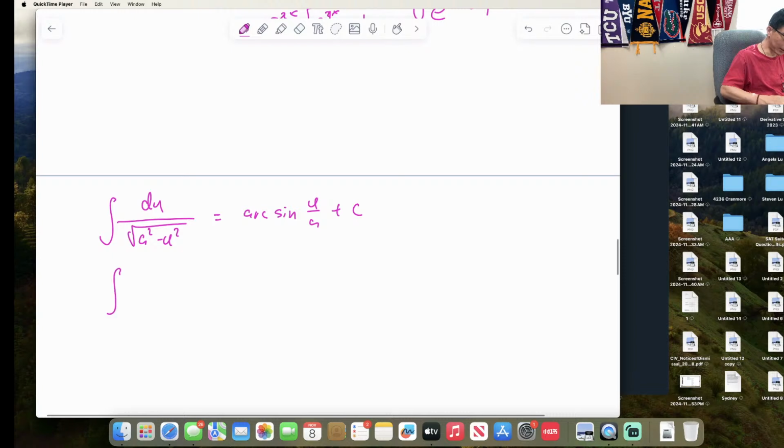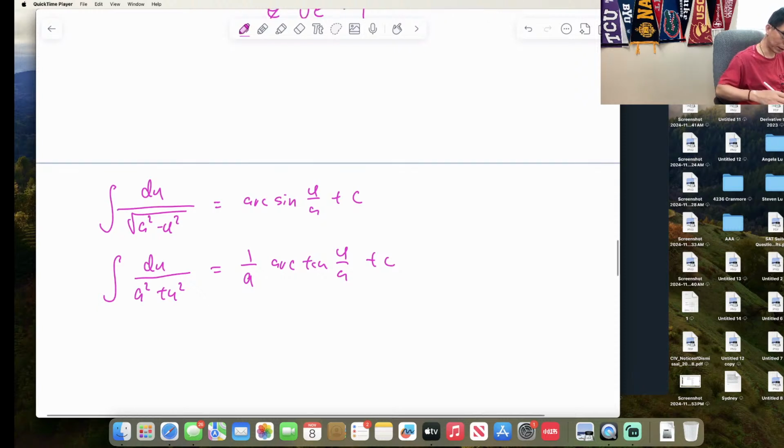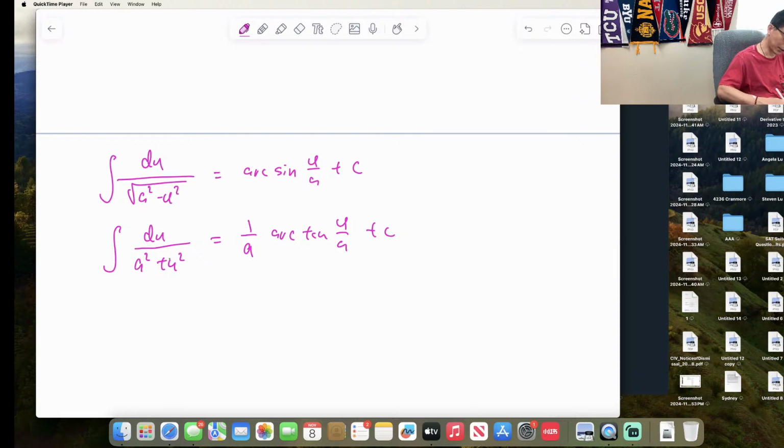The next one is going to be du over a squared plus u squared is equal to 1 over a of arc tangent of u over a plus c. The top part is u, bottom part is a, and this is u.